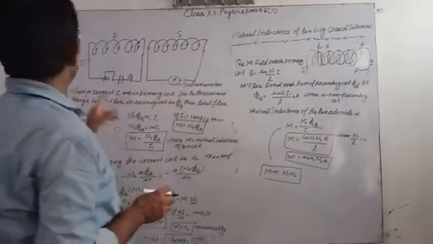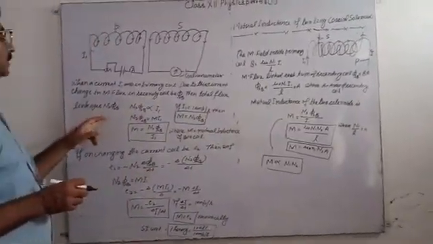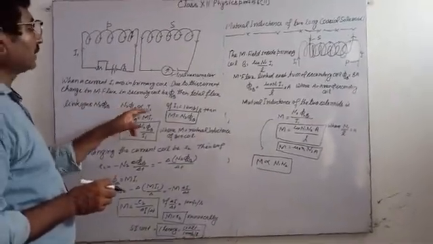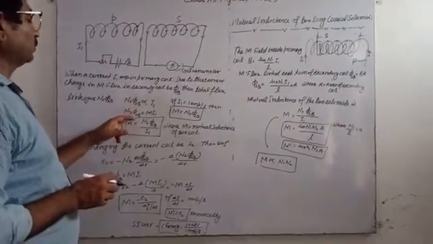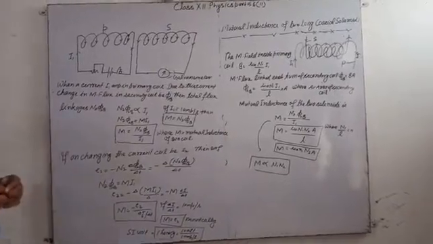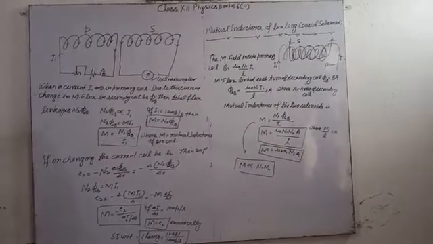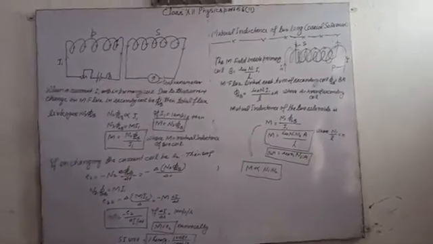Then the total flux linkage with the secondary coil, N2 phi 2, is directly proportional to the current in the primary coil, or N2 phi 2 equal to M I1, where M is the mutual inductance of the two coils.